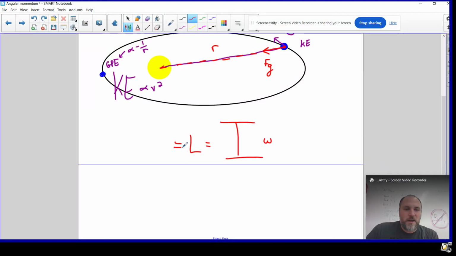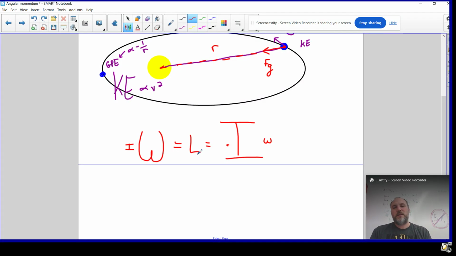And then when the Earth is closer to the sun, it has a much smaller moment of inertia, which means in order to keep this product constant, it would have to have a much larger angular velocity. So that's the way I prefer to think about it when I look at planets and elliptical orbits.